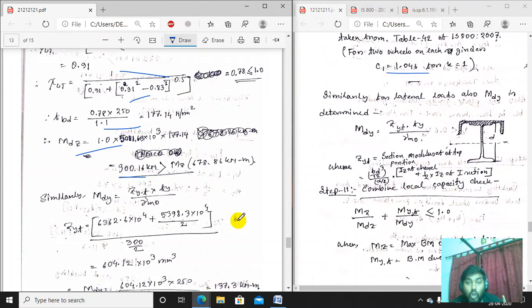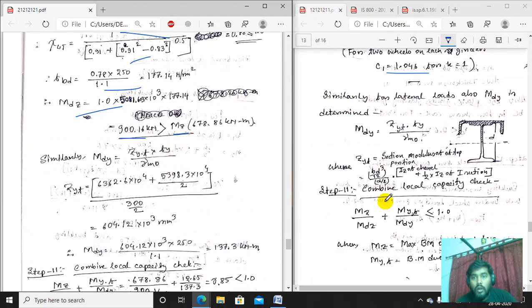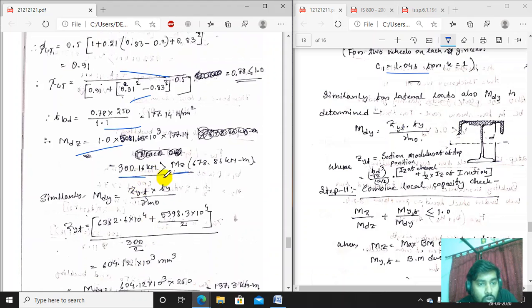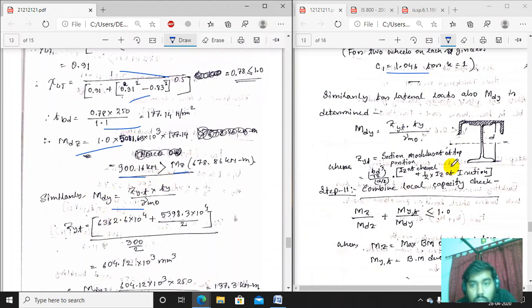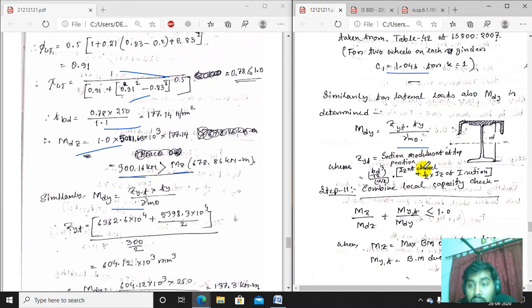So Mdz is also greater than the value of the Mz. Okay. So let us find out, similarly Mdy equals to, from that formula, Zyt into Fy by gamma M0. So Zyt is equal to, so another thing will be changed here.